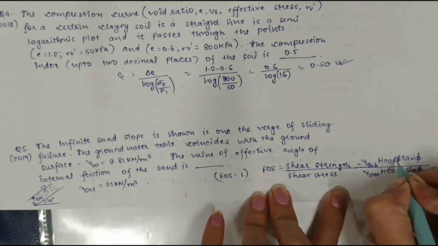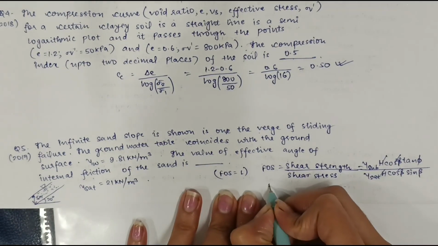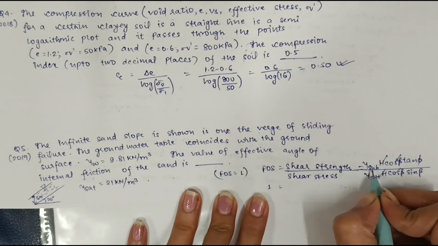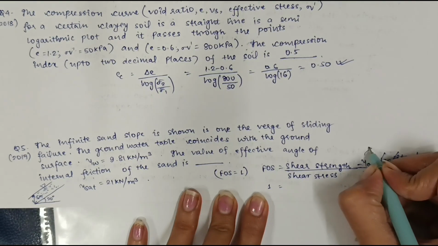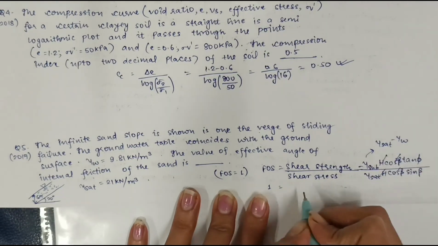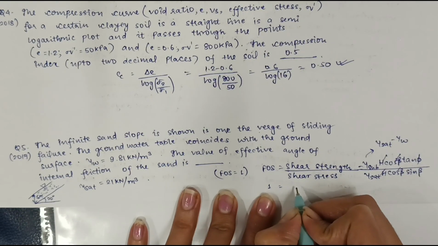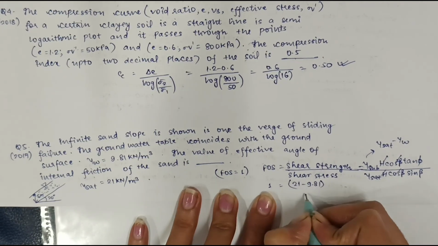So from this we will substitute the values. Gamma submerged is gamma saturated minus gamma of water. So what is the value of saturated given? 21, it is given. Water is 9.81, given, and saturated again is given, 21.